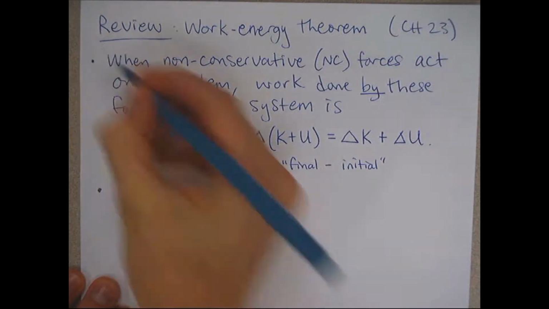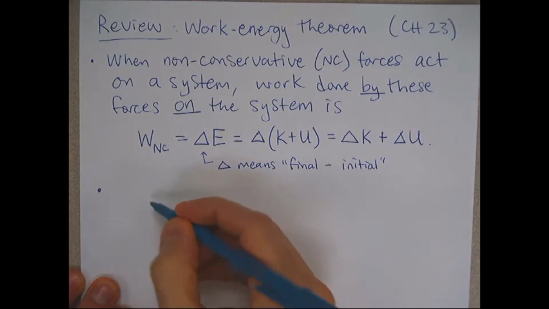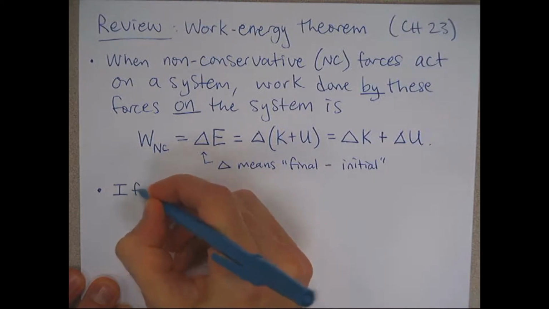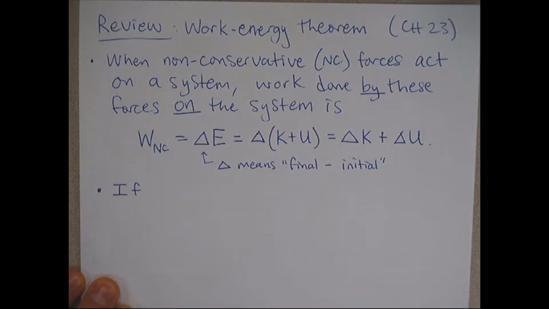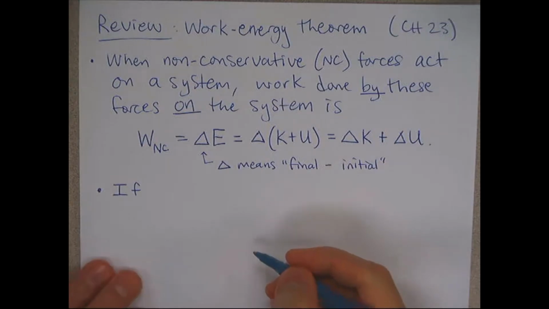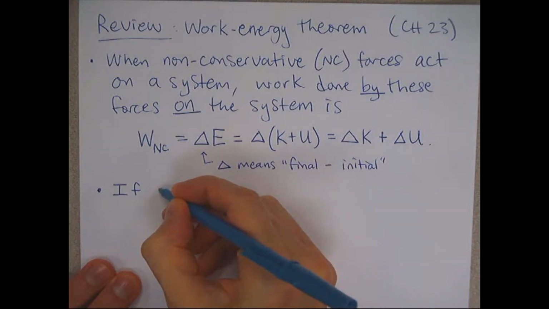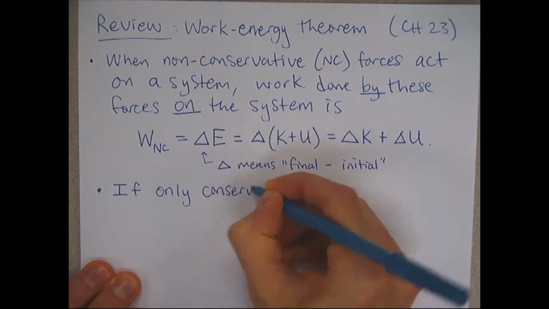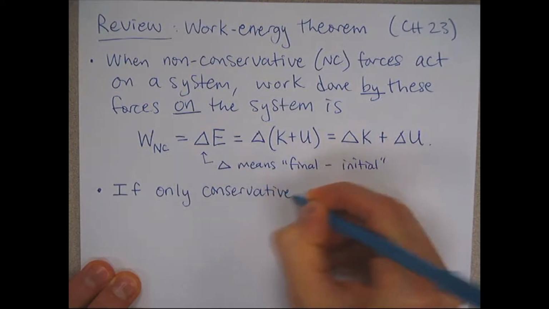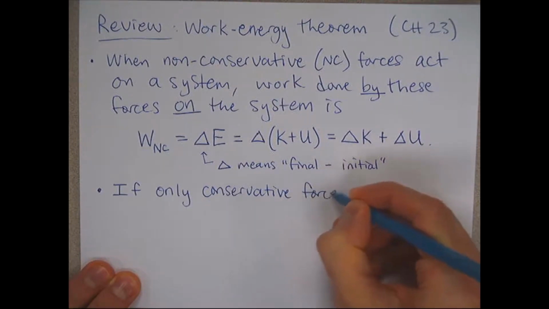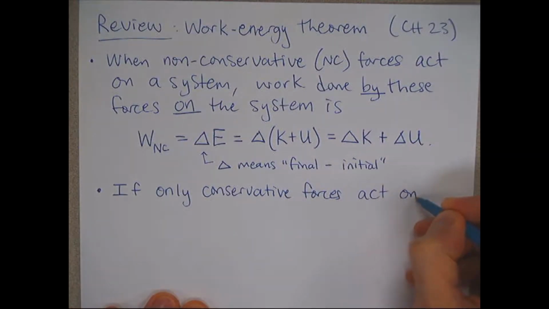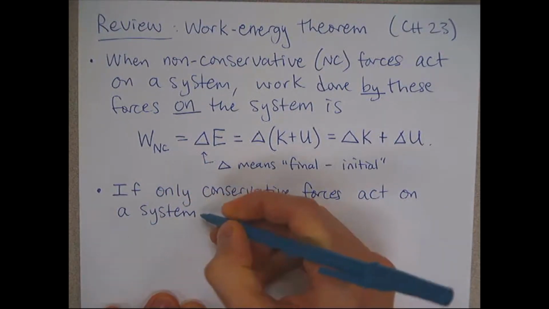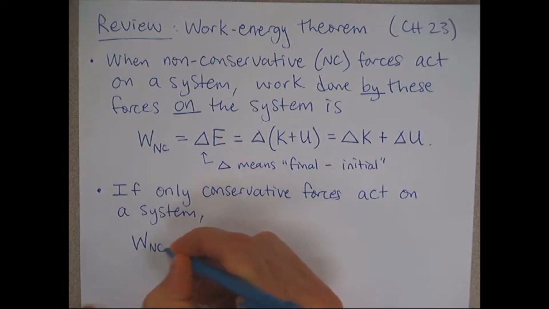More often than not, we have a system that is only experiencing conservative forces, such as gravity or the electrostatic force in UP2. If only conservative forces act on a system, what's the non-conservative work done?